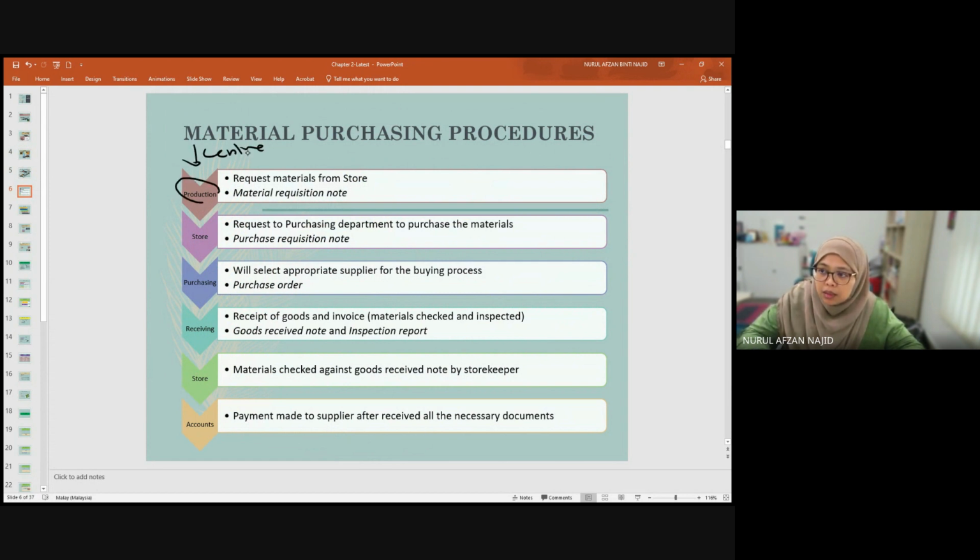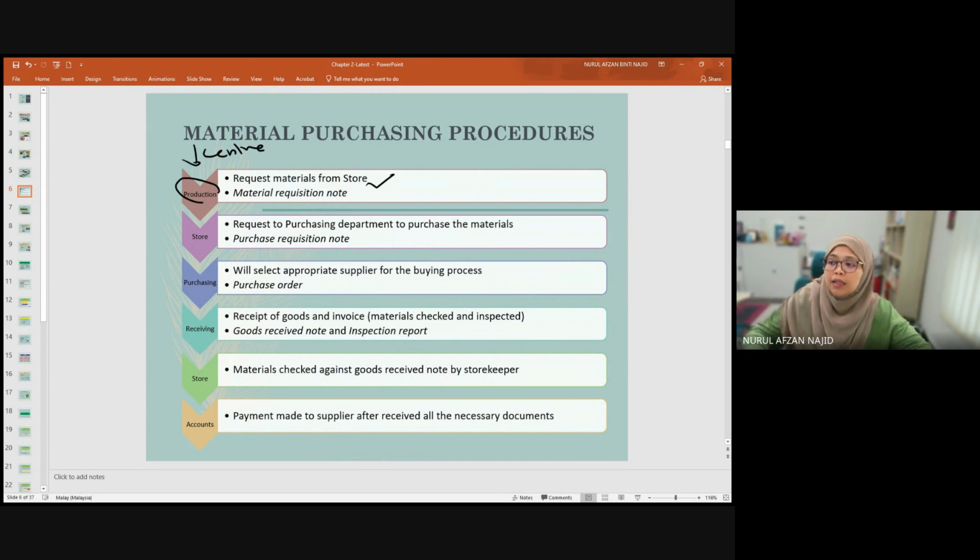Okay, so center, production center, store center, purchasing center, receiving, store account. So these are the center that involved with the material purchasing. So dia akan start dengan production. Production ini akan bagi tahu request material from store, as I explained before. Okay, so how much the material should be transferred to the manufacturing, what are the material should be transferred, macam itulah.